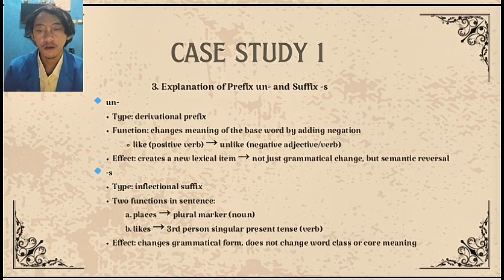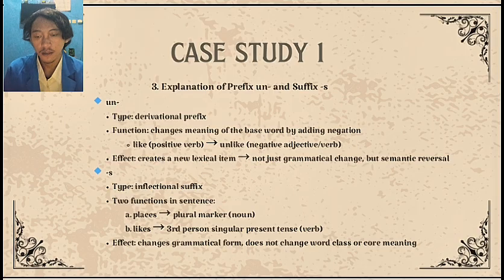The type is derivational prefix, and the function is to change the meaning of the base word by adding negation, like positive verb becomes unlike, negative adjective or verb. The effect creates a new lexical item, not just a grammatical change but a semantic reversal.